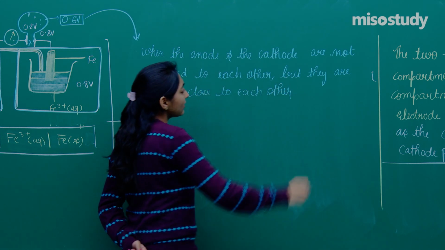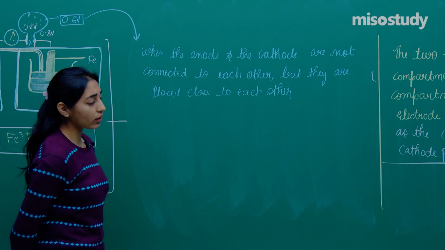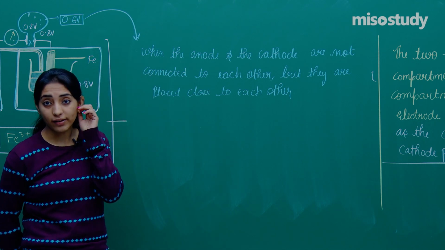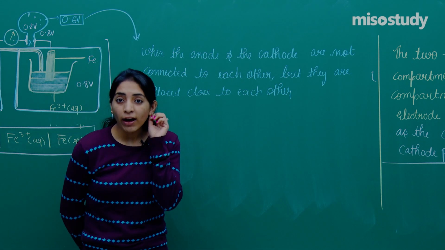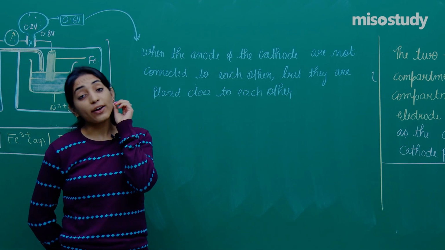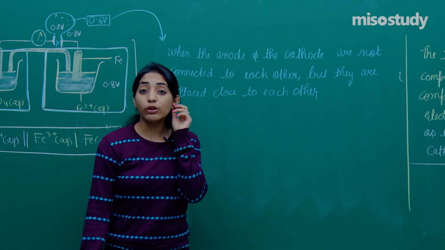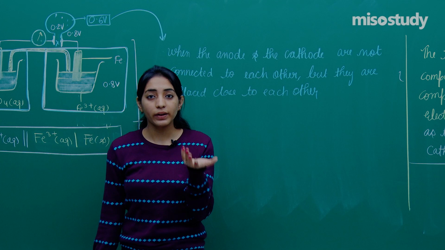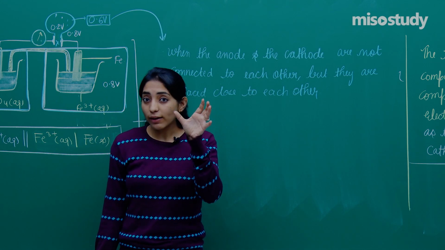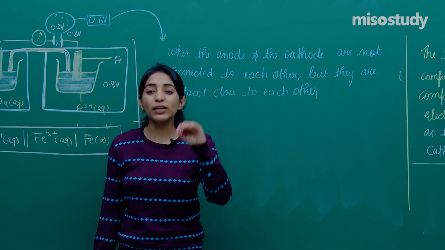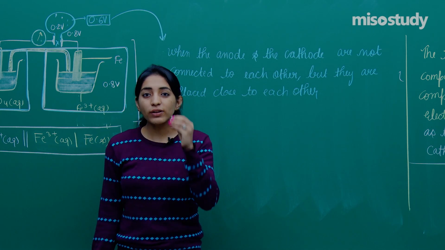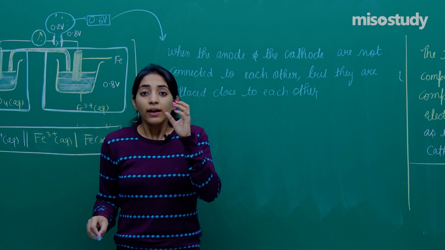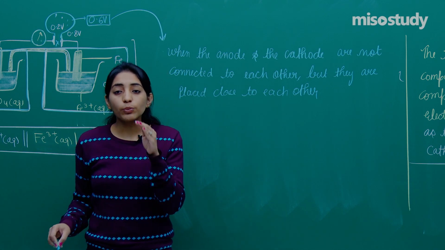By the way, this definition or this line that I have written for you is just so that your concepts can be cleared. See, if I am saying in the anode, the anodic potential will exist, in the cathode, cathodic potential will exist, they will not exist individually. You agree, right? Because when I am taking ZnSO4 and putting zinc in it, zinc will keep on losing its electron, so that a potential difference should be developed.